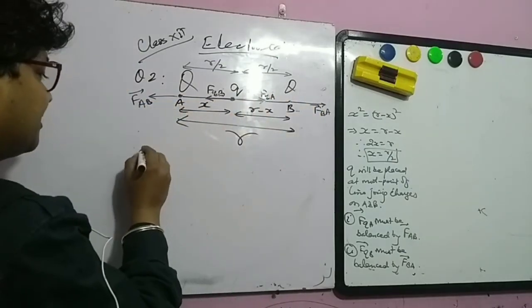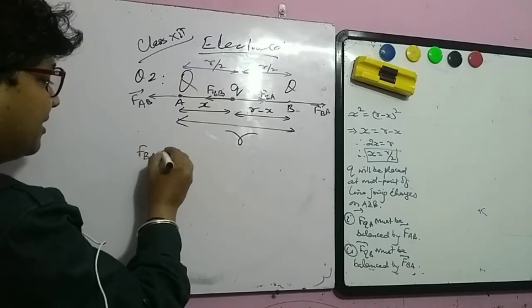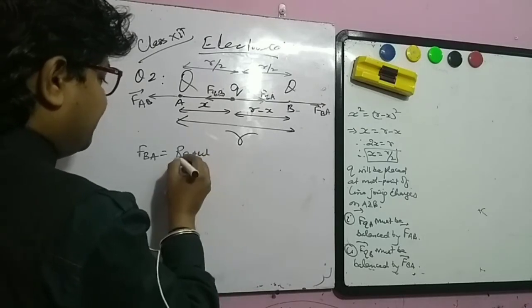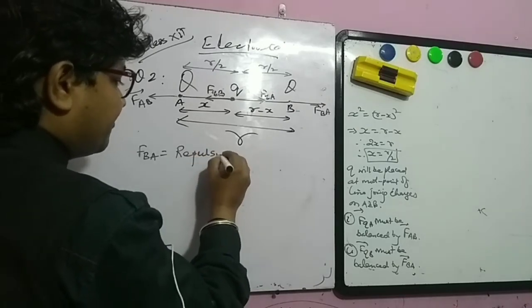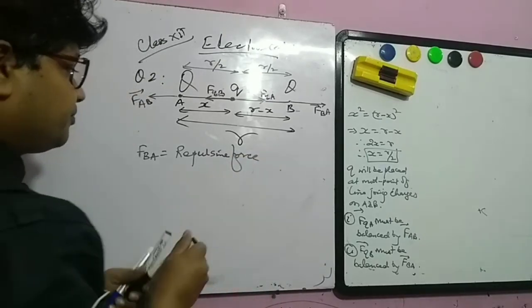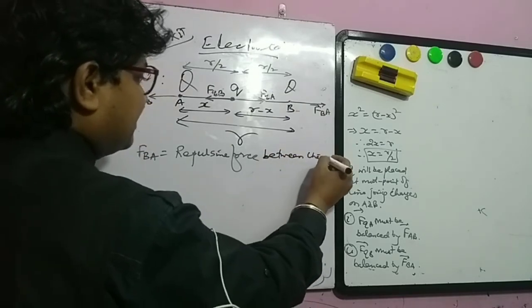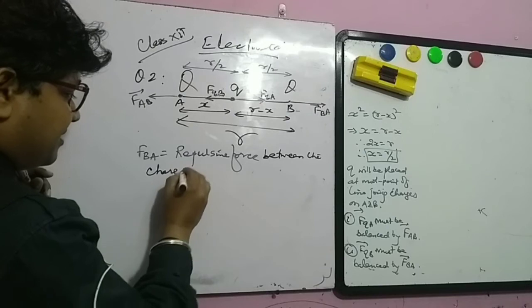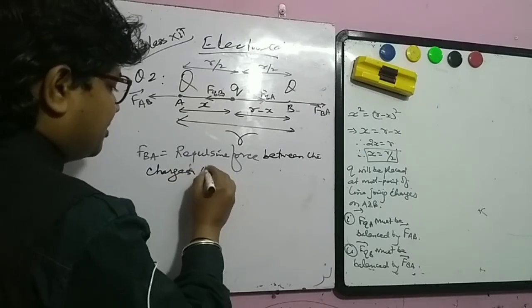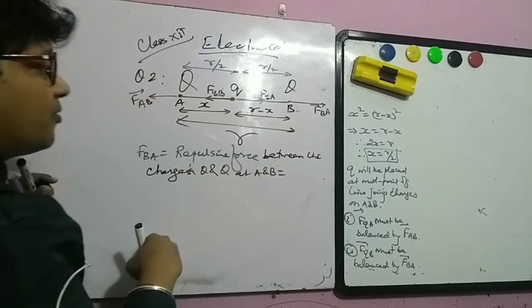So we can write here FBA is equal to the repulsive force between the charges Q and Q at A and B will be equal to.